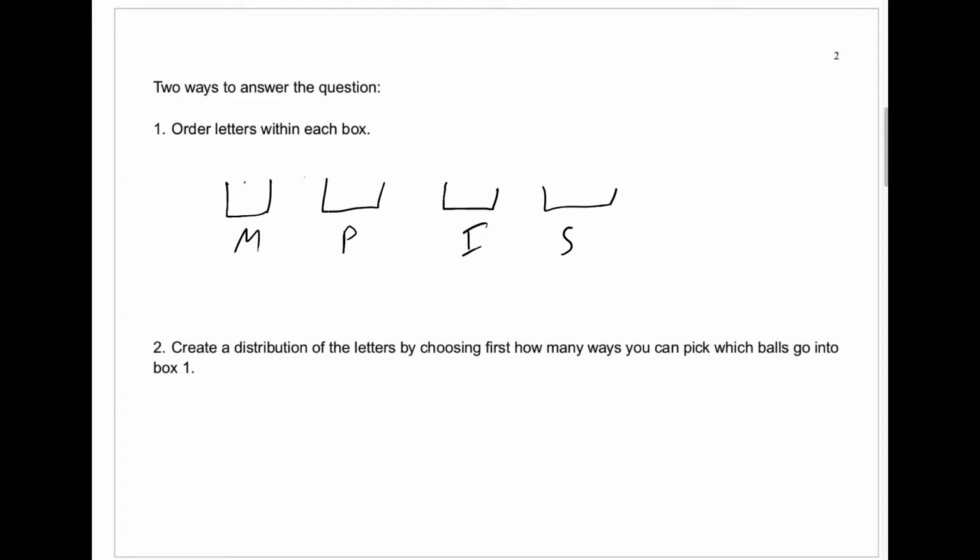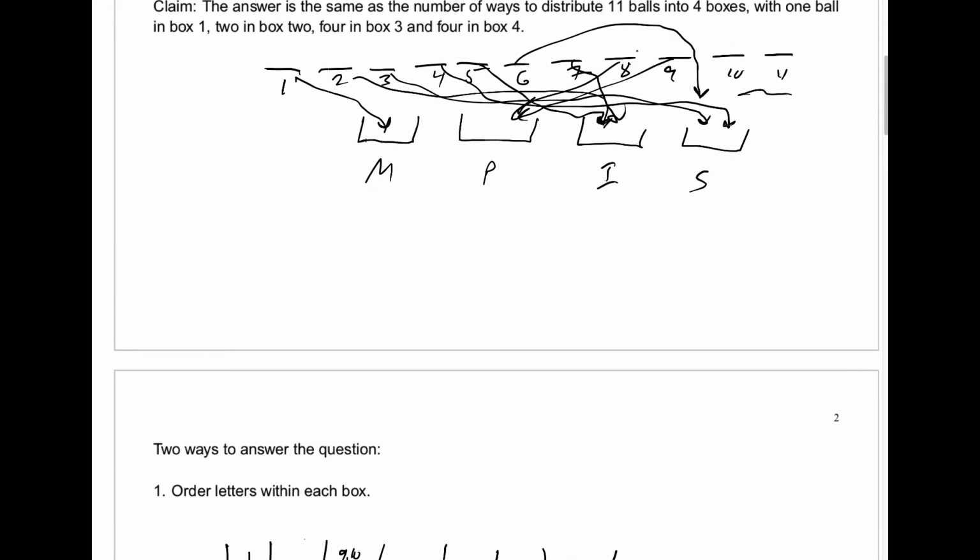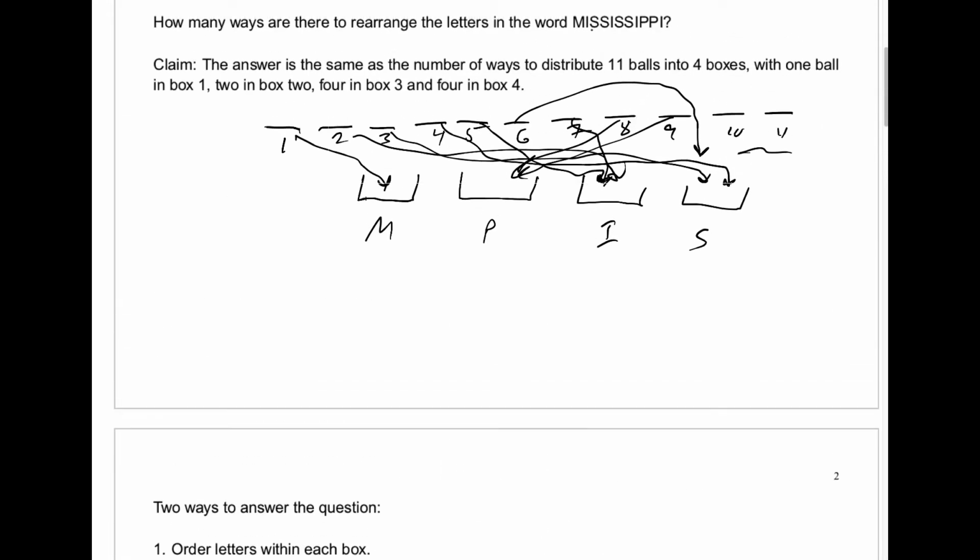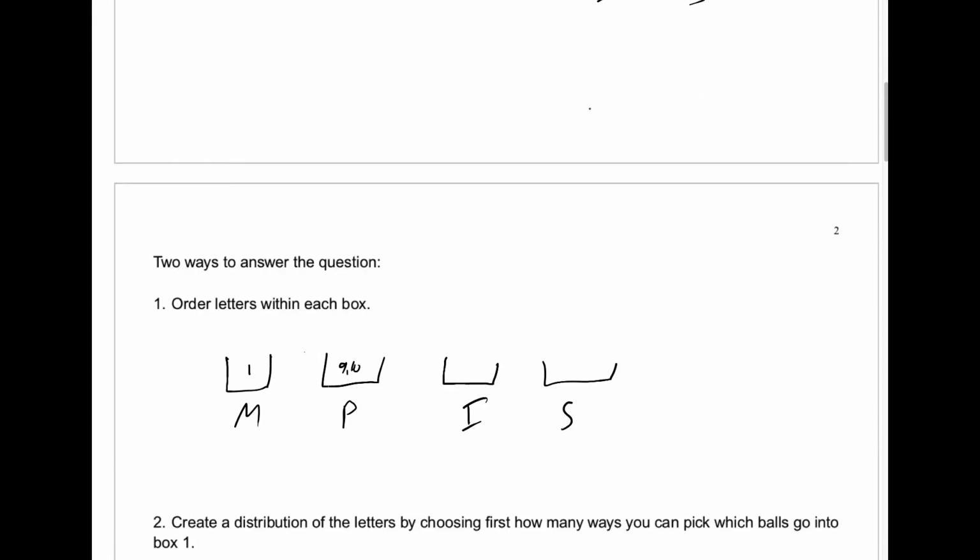There will be just position 1 in the M box. The P box gets positions 9 and 10. The I box gets, let's just check, you have an I in the 2nd, 5th, 8th, and 11th position. And you have an S then in the 3rd, the 4th, the 6th, and the 7th position.